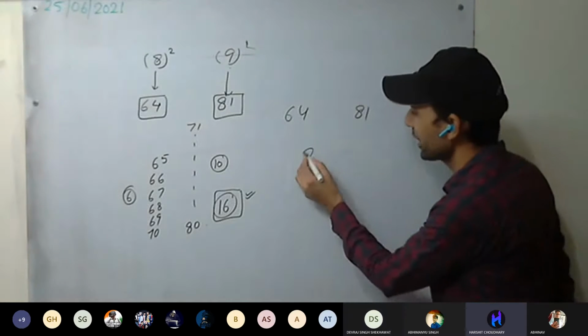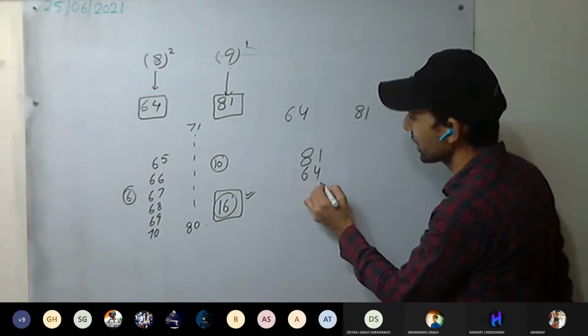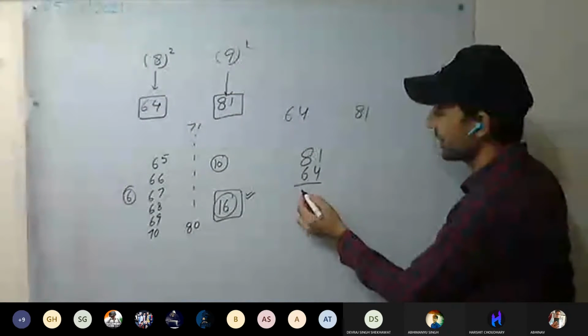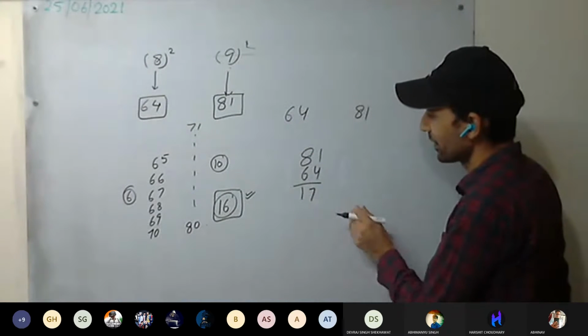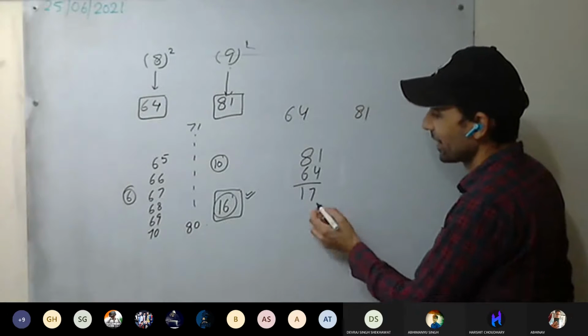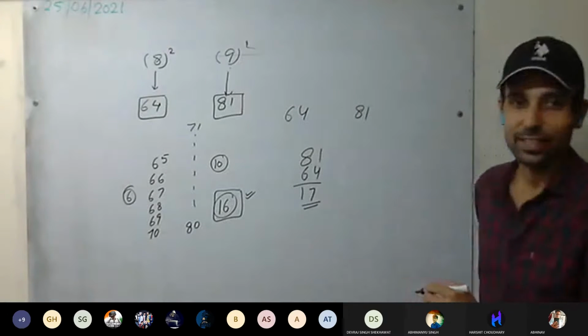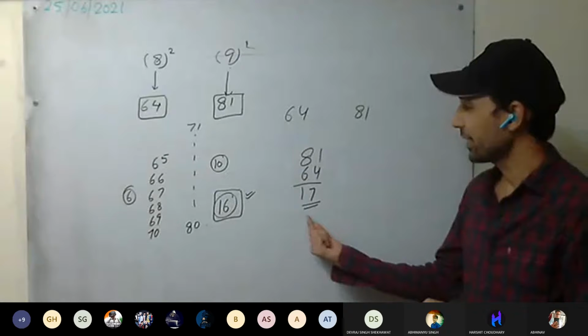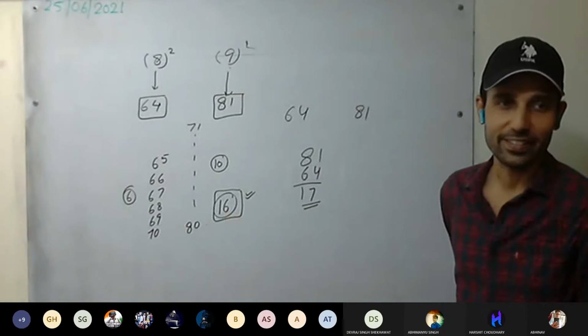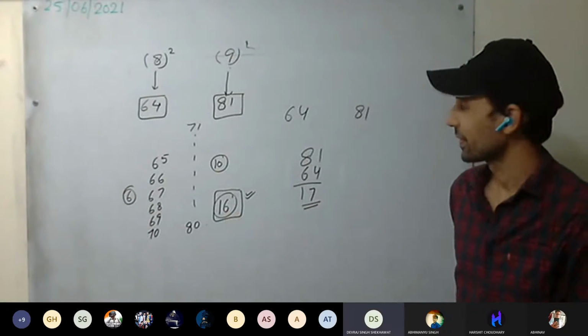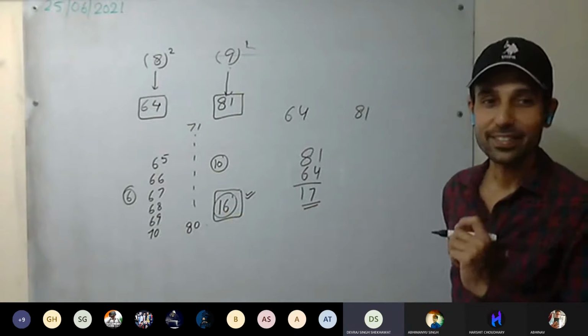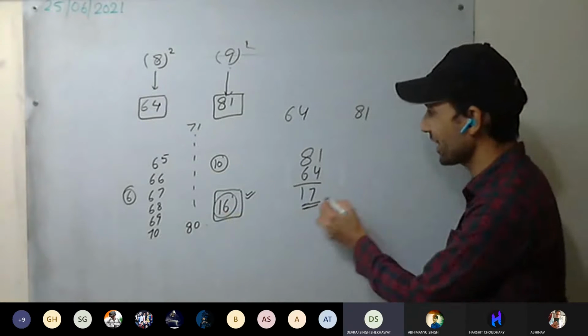If we subtract 64 from 81, how much are we getting? 17. Why is there a difference? There they are 16, but here we are getting 17. Can you figure out why?